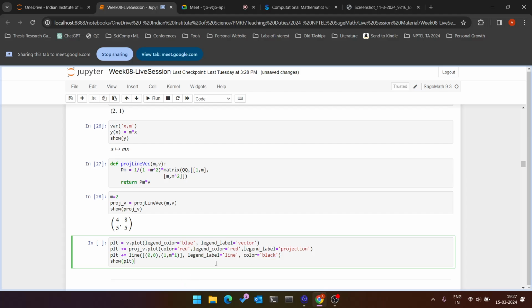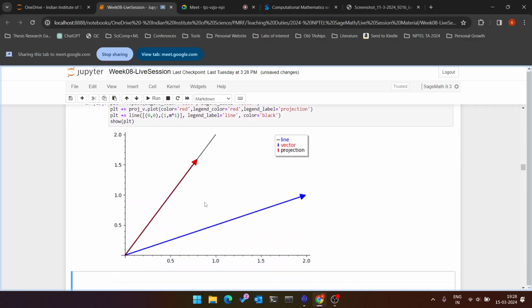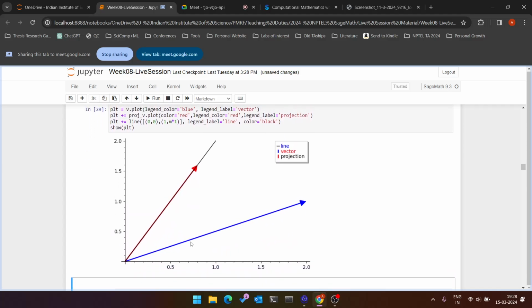If I plot all these three, what do I see? So this is how I see. This is my vector in the blue color, 2 comma 1. This is my line y is equal to 2x, going from 0 0 to 1 comma 2, and the projection of this vector on this line is basically this much.